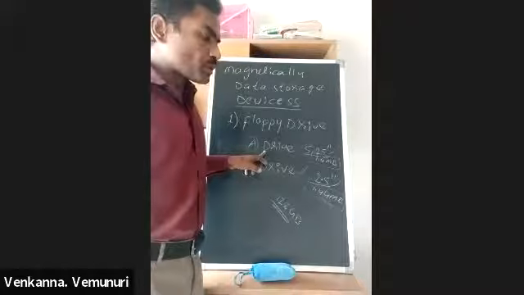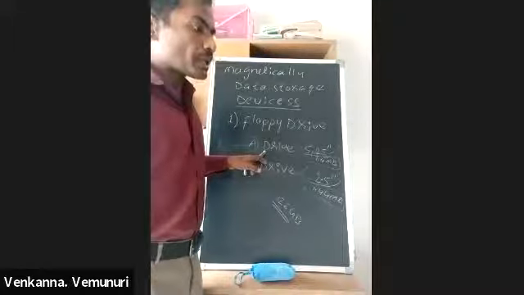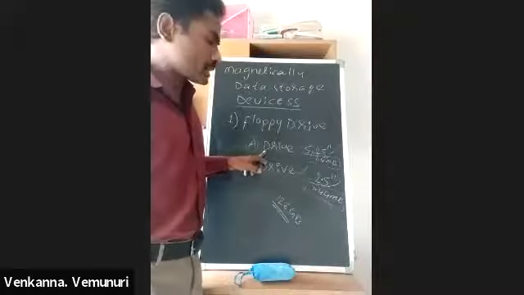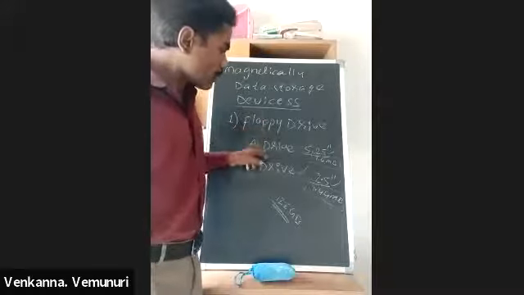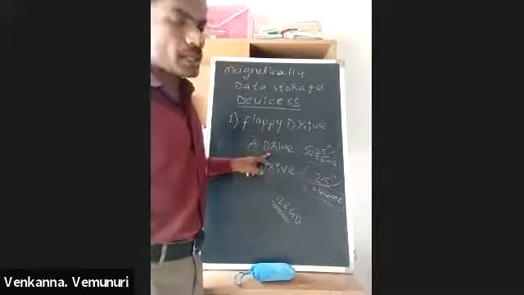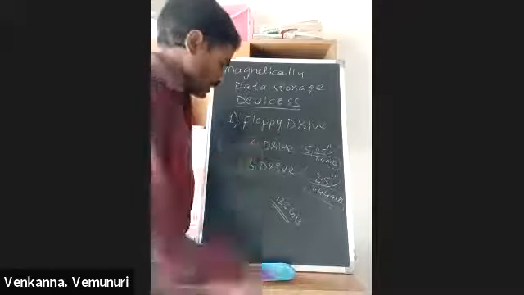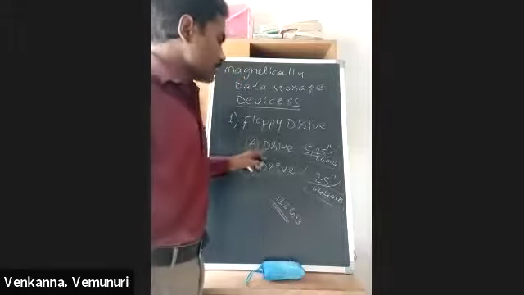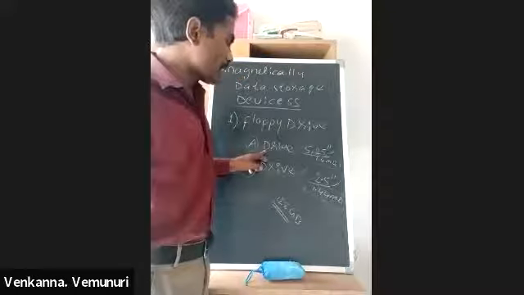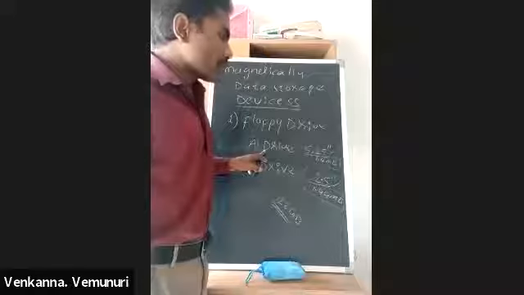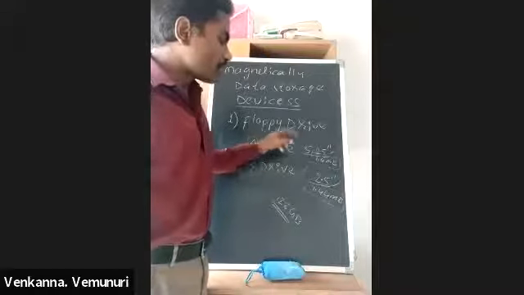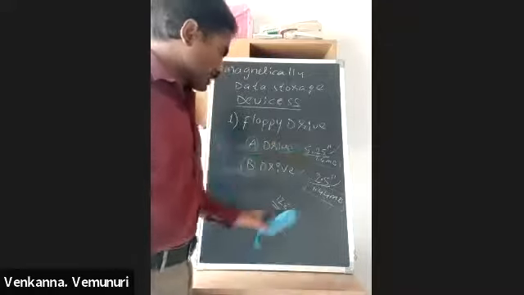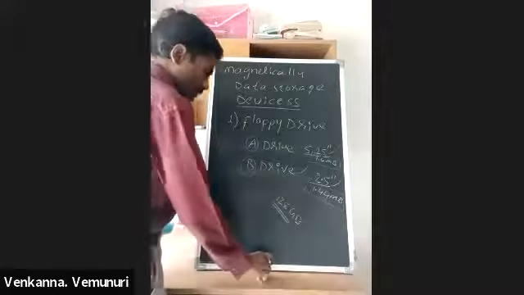I think some students know the audio cassette player, the tape recorder. The floppy drive works with the same technology. The read-write head stores data magnetically on the floppy disk.